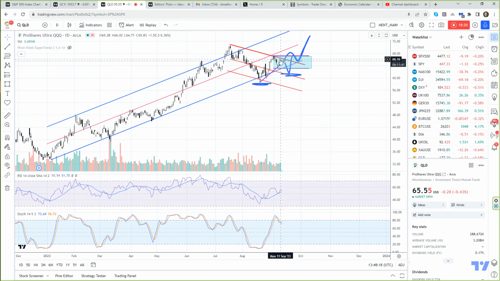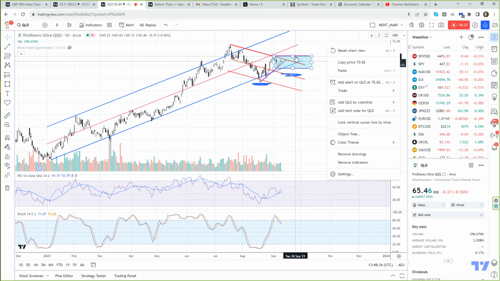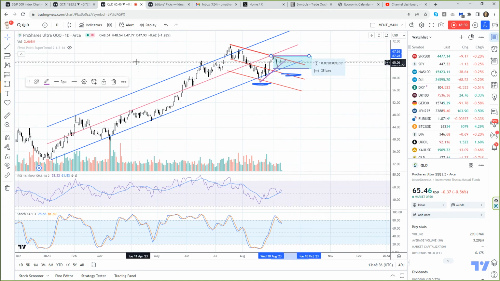In theory, because we have this upward price channel with a downward price channel, the best trade you could make right now off of these setups is a short trade where you use this level here as resistance.